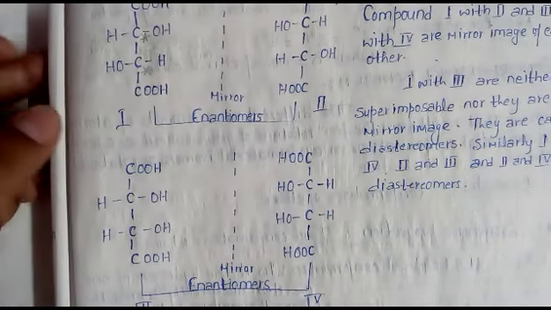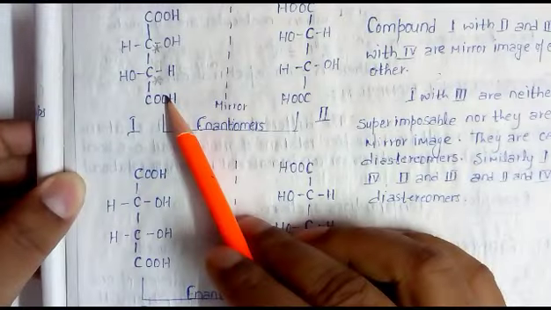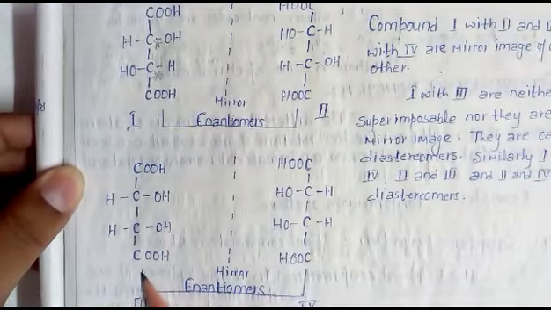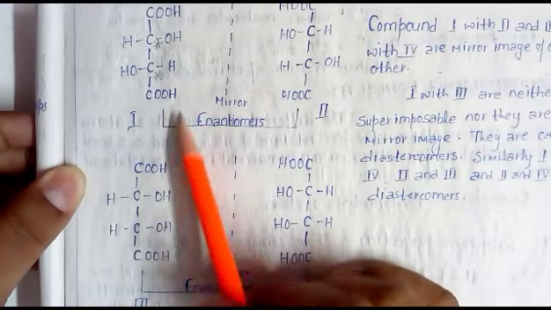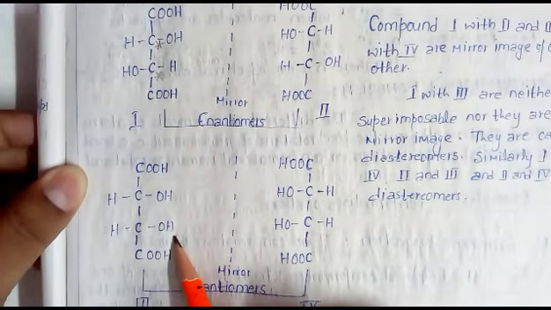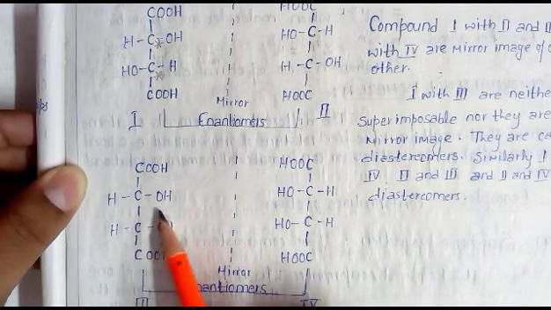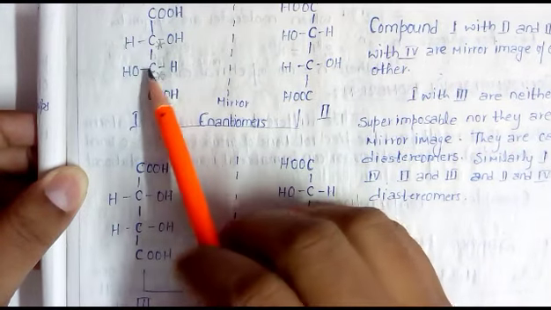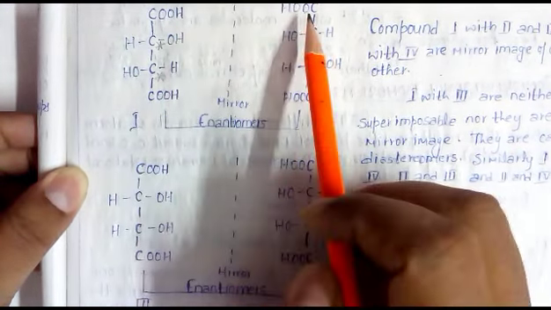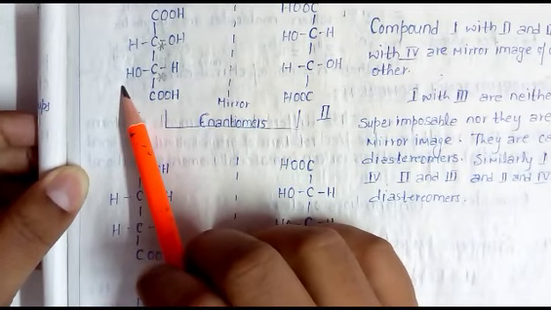But compare structure 1 and 3. Structures 1 and 3 also have the same molecular formula, but these two structures are not mirror images of each other, because at the second and third carbon both hydroxyl groups are on the right-hand side, but in the first structure one hydroxyl group is on the right-hand side and the other hydroxyl group at the third carbon is on the left-hand side.